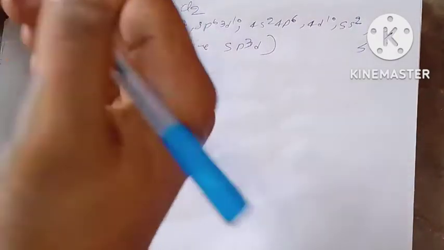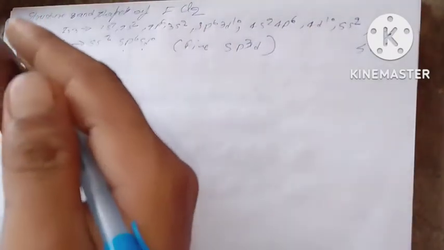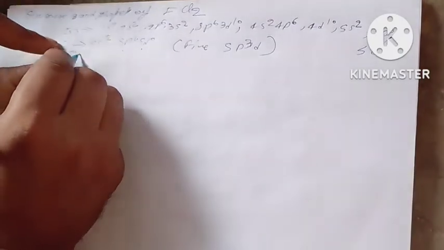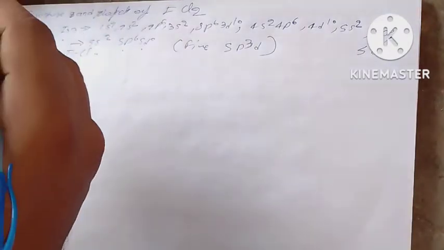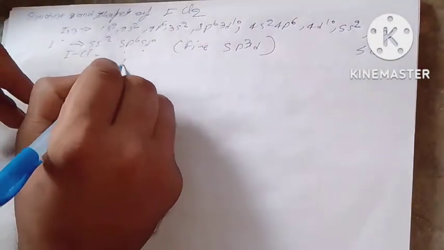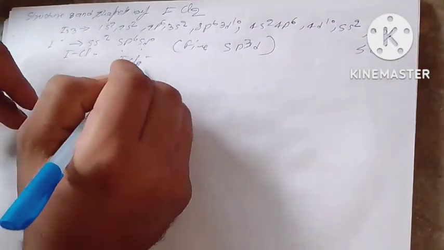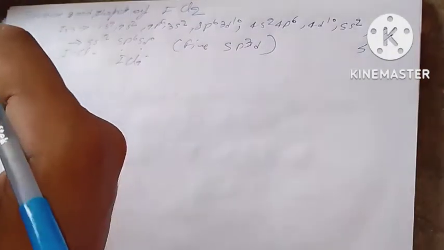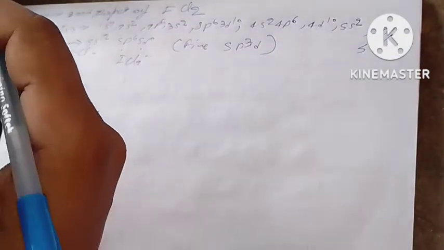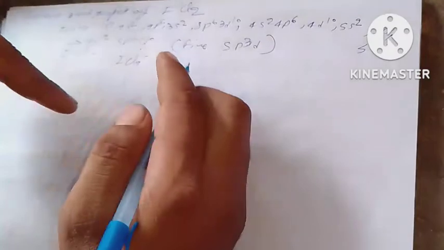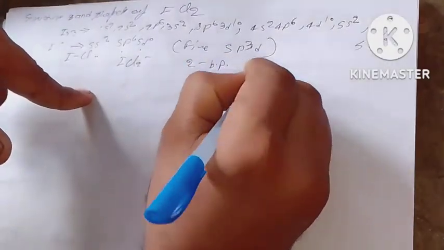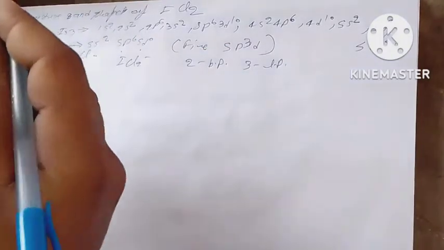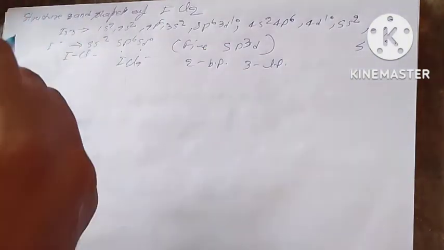These half-filled hybrid orbitals are used to form two iodine-chlorine bonds. Hence, the ICl2 negative ion is formed by sp3d hybridization. It has two bond pairs and three lone pairs of electrons.